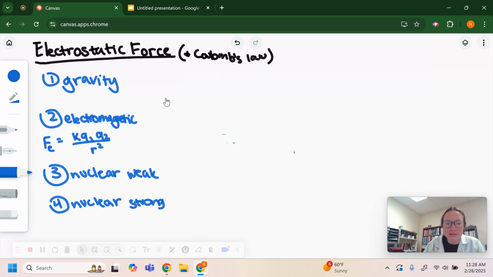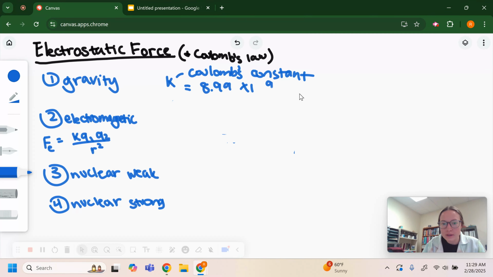Here's what you need to know about these constants. K is known as Coulomb's constant, and K is equal to 8.99 times 10 to the 9th newton meters squared per kilogram squared.